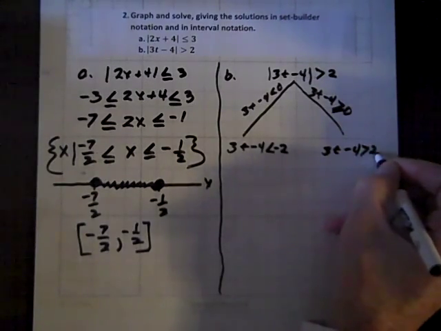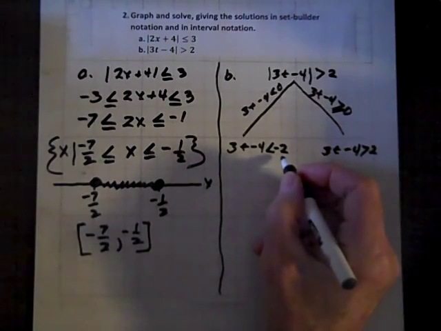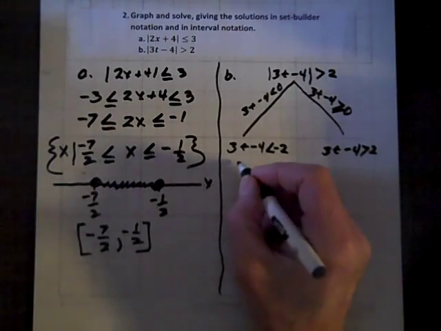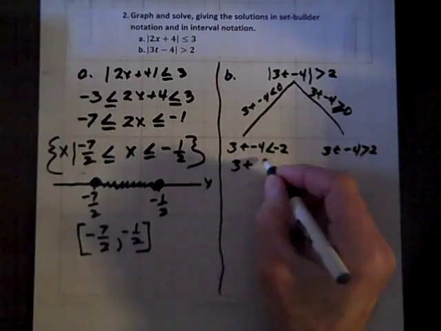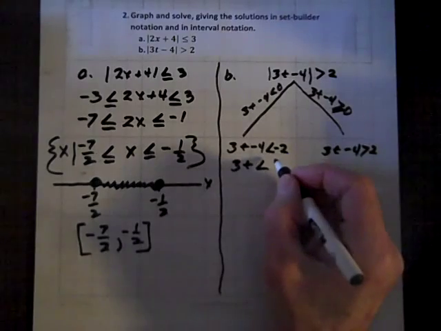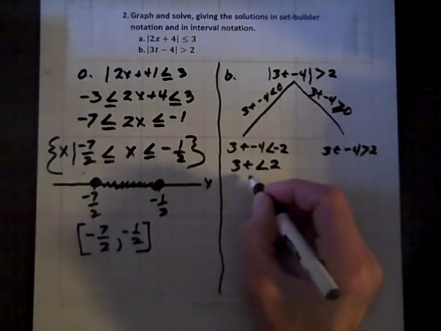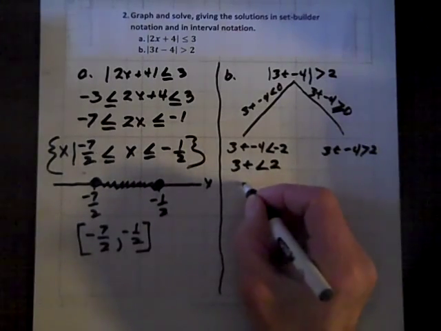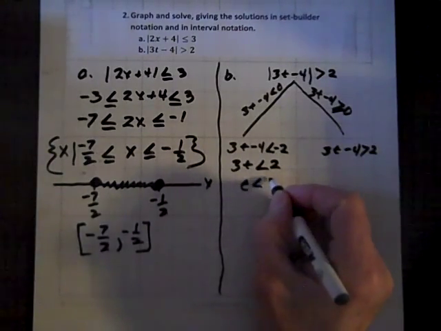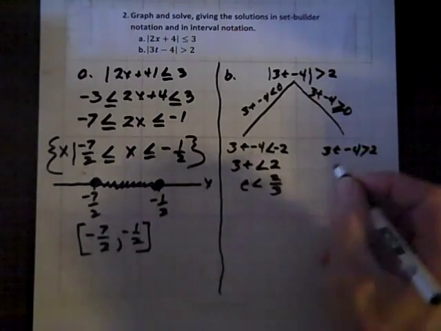It's greater than 2. Now we'll isolate 3t, so we'll add 4 to each interval. And 4 minus 4 is 0, and 4 minus 2 is 2. Now we'll divide both sides by 3, and we get t is less than 2/3.